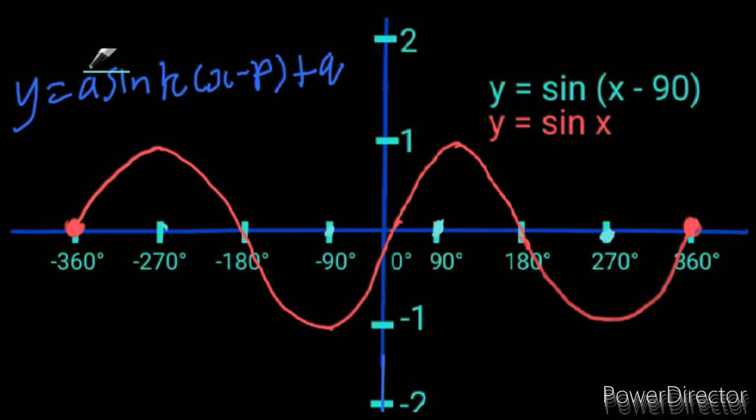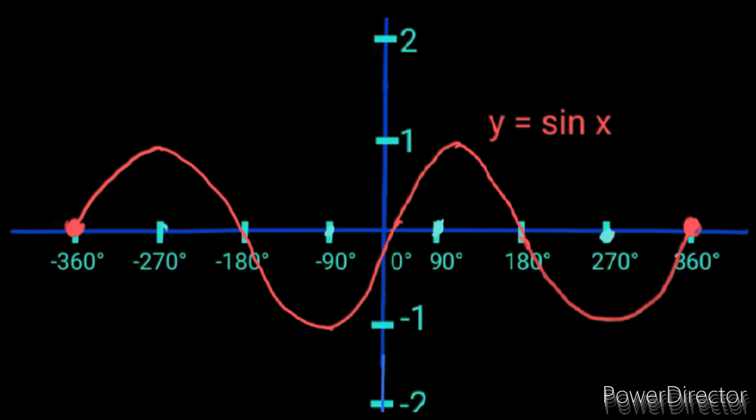So we have talked about A, we have talked about P, we have talked about Q. Now let's talk about K. What does K affect? So notice, A affects the vertical stretch, but K will affect the horizontal stretch.